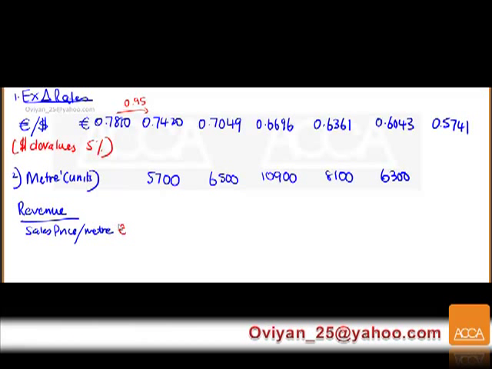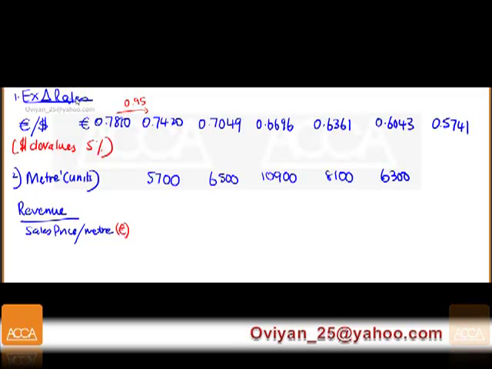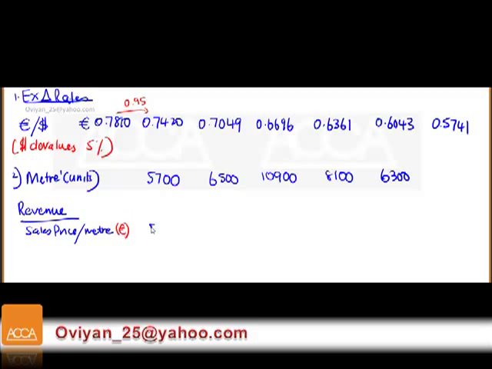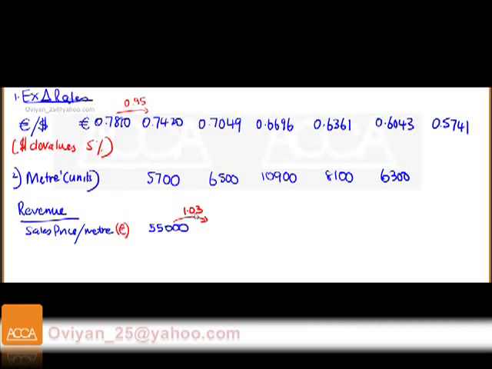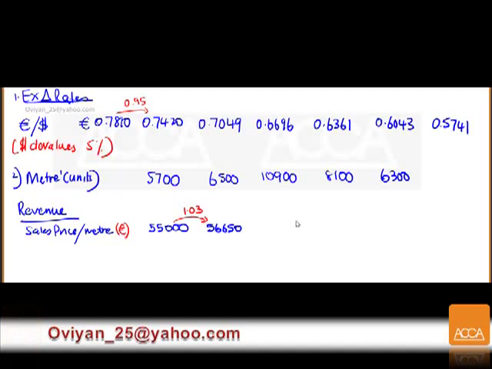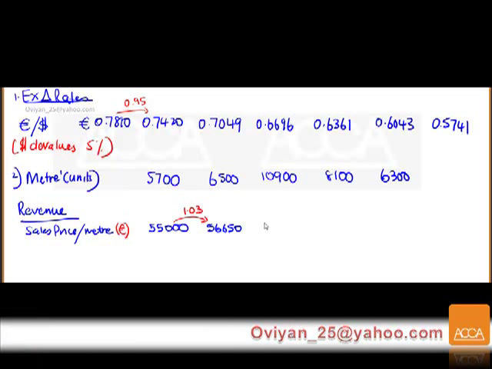Go to paragraph number 15. 55,000 is going to be the price. This is per meter, and it's going to increase by 3%. If it's going to increase by 3%, we're going to inflate it by 1.03. So this is going to give you 56,650, and you're going to keep inflating by 3%.